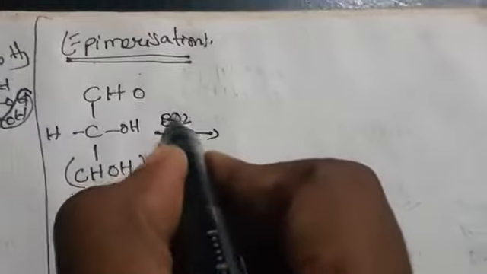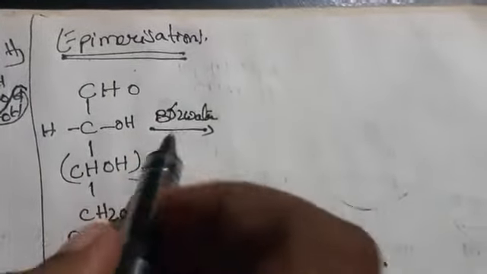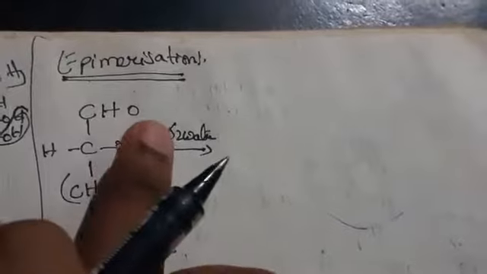Now what we'll do is add Br2 water, bromine water. In the previous class I told you that whenever we add Br2 water, the aldehyde group is changed to acid. Means an oxidation reaction is taking place.